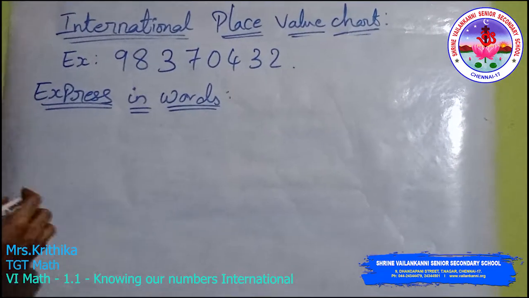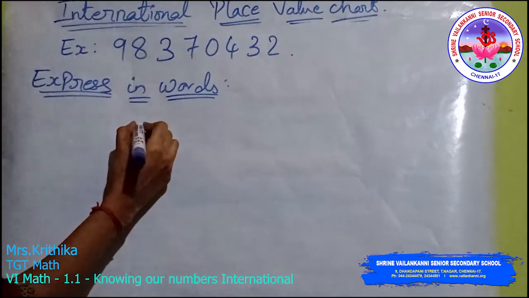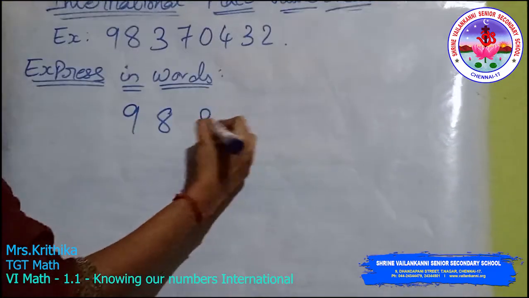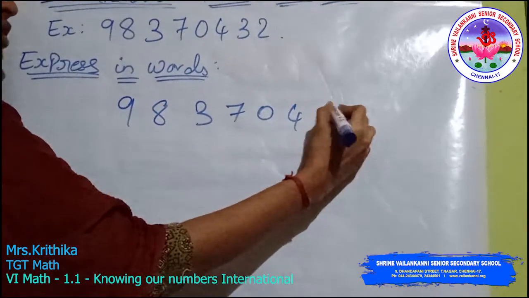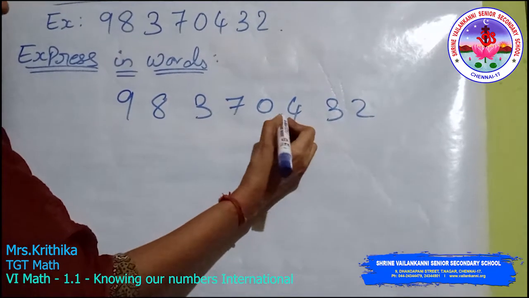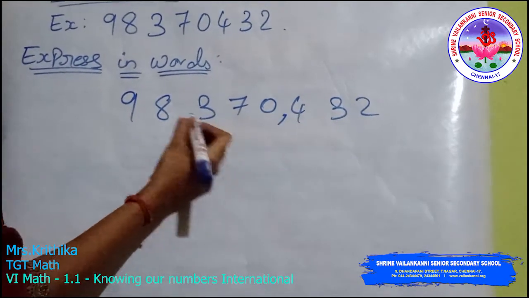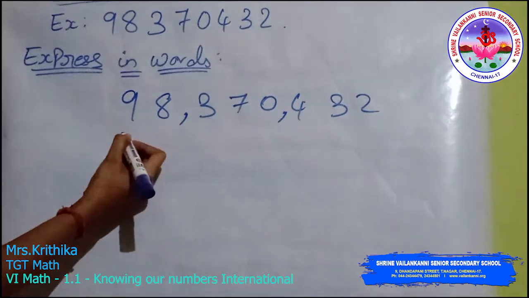Express in words. First separating the digits using commas, 98,370,432. Ones, tens, hundreds, thousands, 10,000, 100,000, million, 10 million.